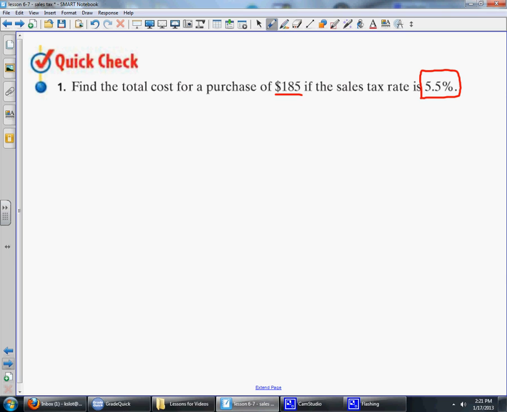Pause the video and try this problem on your own. Okay, so we want to find the sales tax. So we're going to have 185, and we're going to multiply that by 5.5% as a decimal. So we have to move that 2 places, put the 0 here. So it's 0.055.